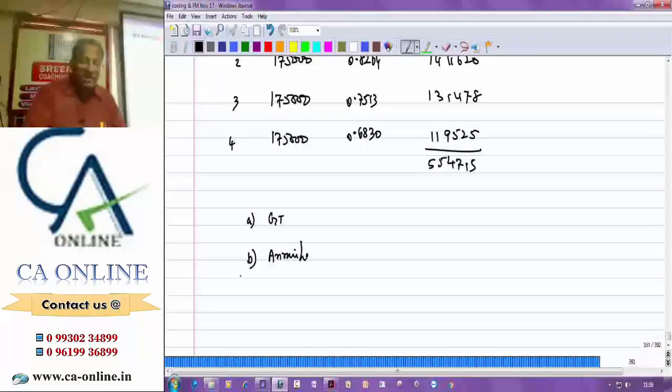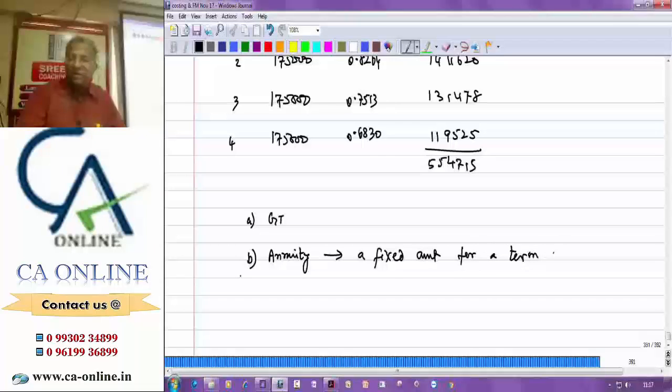What is an annuity? An annuity is a fixed amount for a term of n years. What was the fixed term in this particular case?